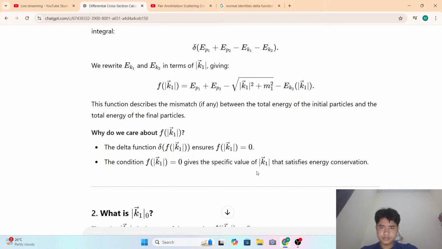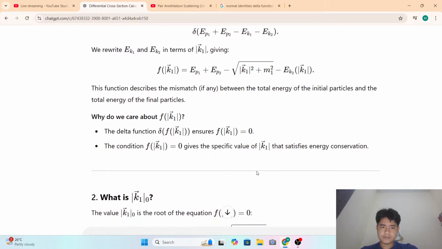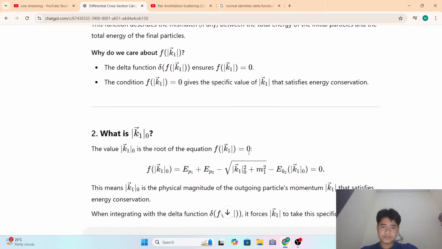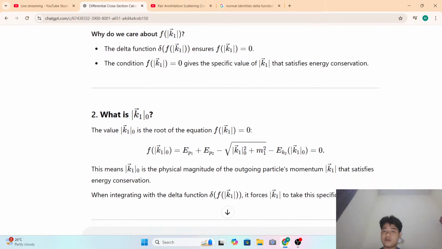The condition of this equals zero gives a specific value of K1 that satisfies energy conservation. The root of this equation. What does that mean? Oh, it's the value of K1 if all of this equals zero. This means the physical magnitude of the outgoing particle that satisfies energy conservation.